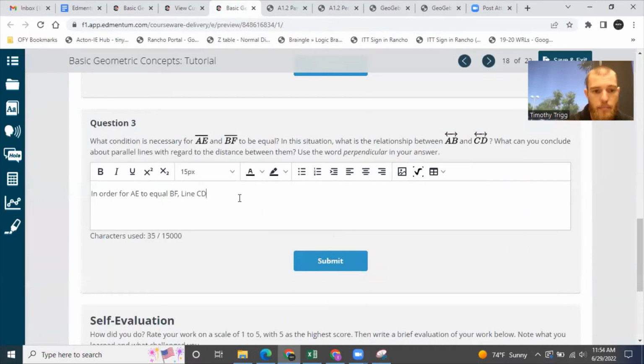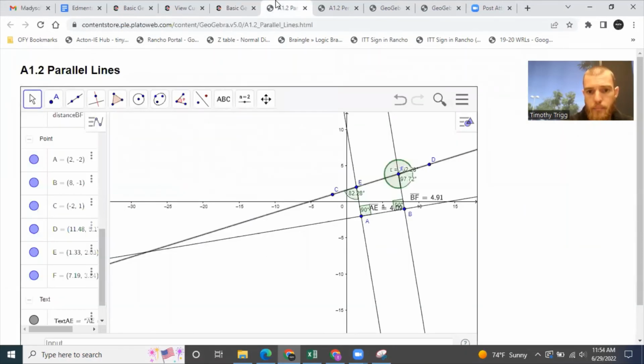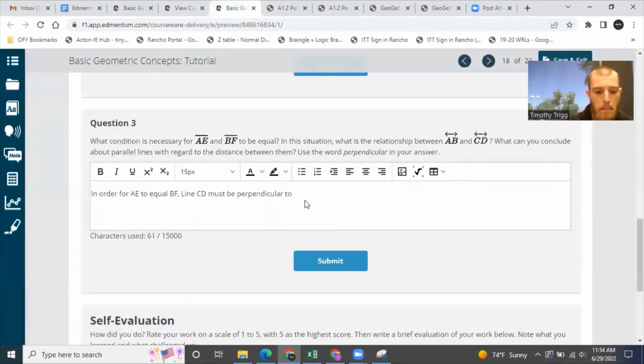Line CD must be perpendicular to, what line did I say? FB. When that happens, lines AB and CD are parallel to each other.